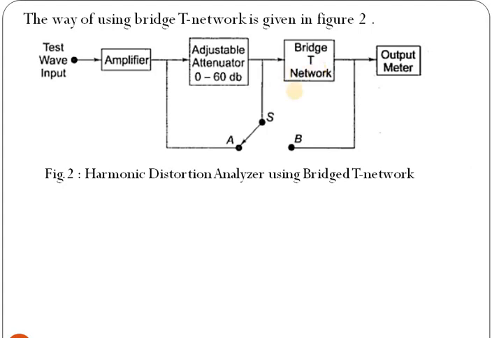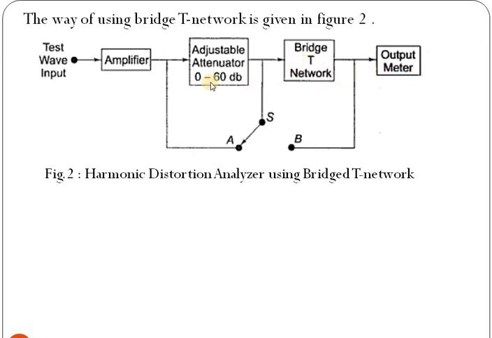Now we switch from position A to position B. Now it will avoid the bridge T network from the circuit part. Now the circuit input signal that is to be suppressed is given to the output meter.